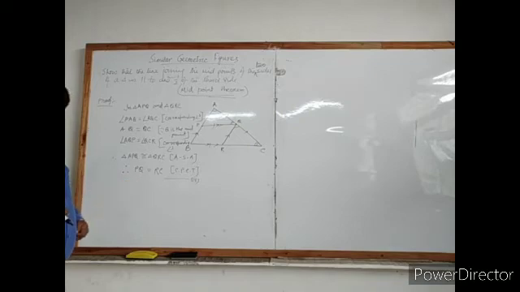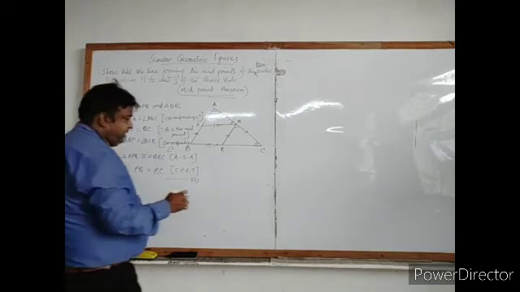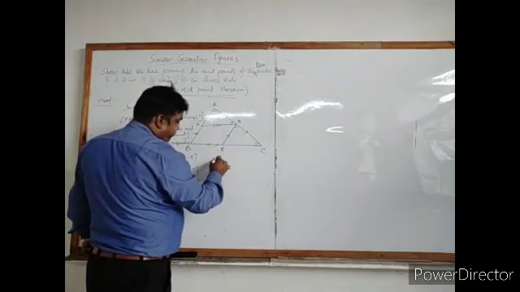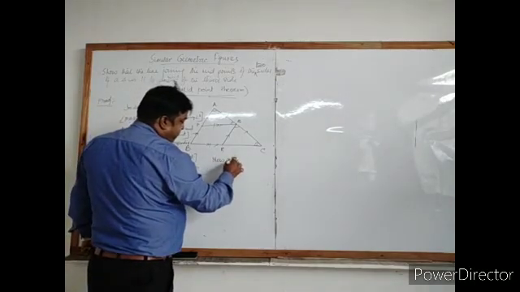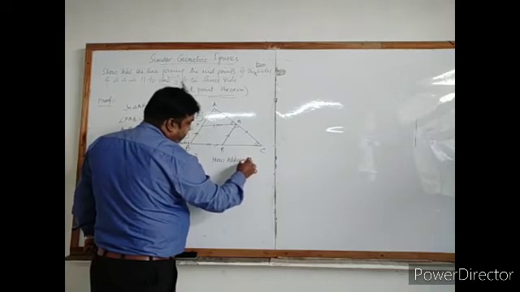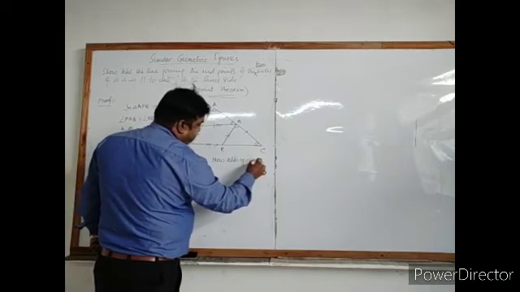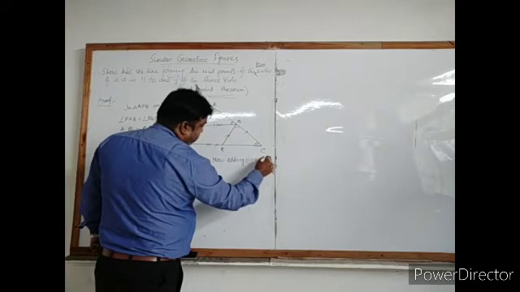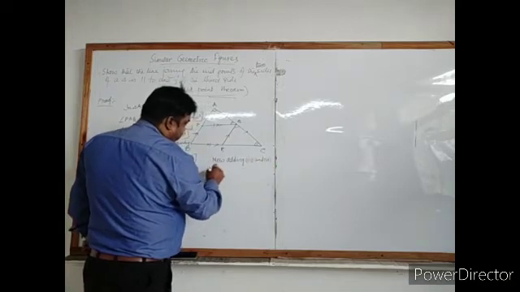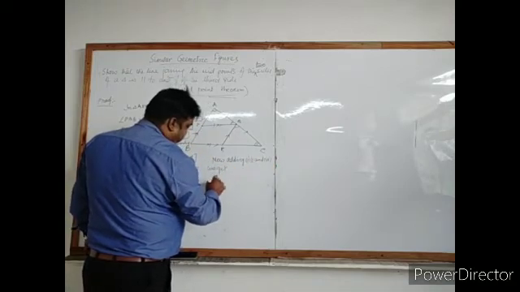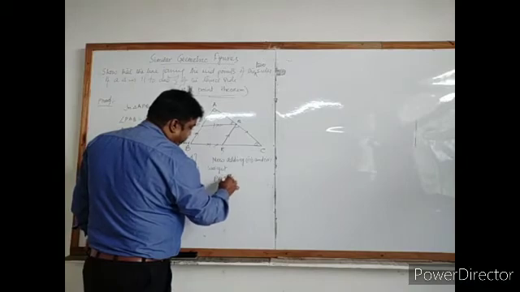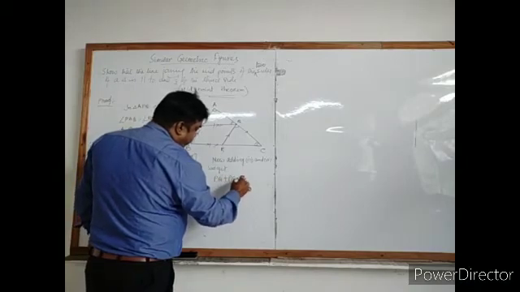So now adding 3 and 4, we get PQ plus PQ equal to BR plus RC.